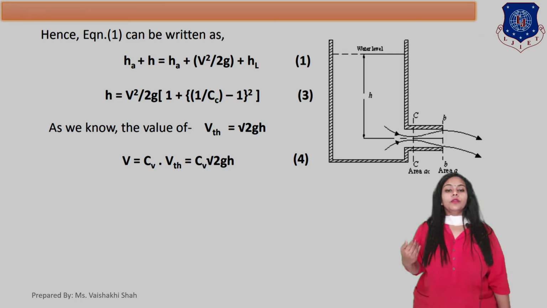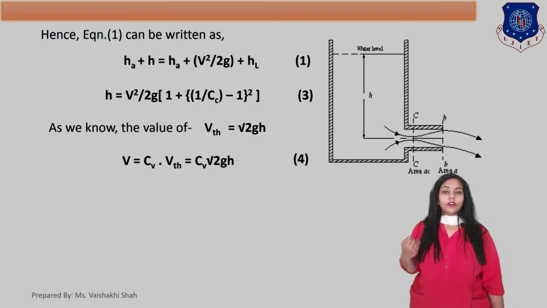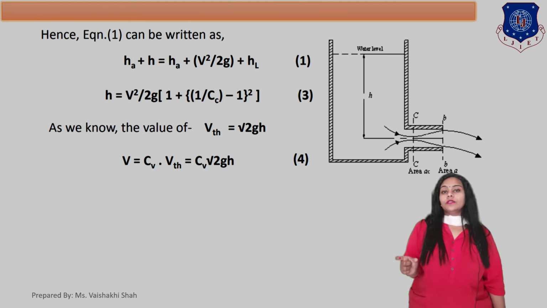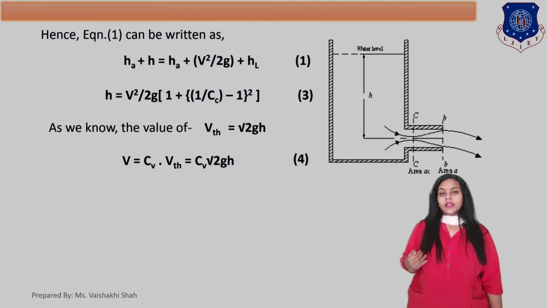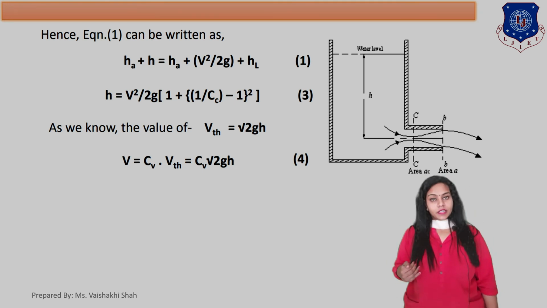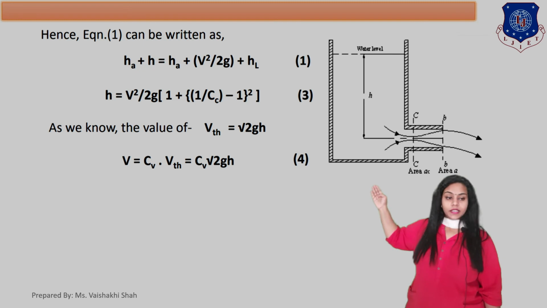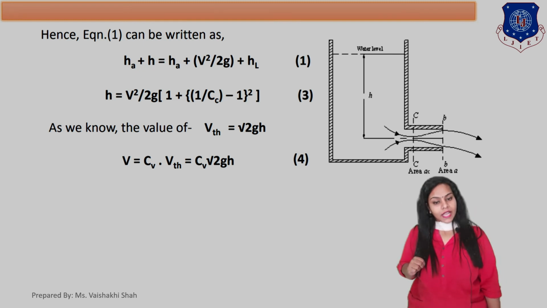Now we know the equation for theoretical velocity. We already derived it. V theoretical equals under root 2gh.